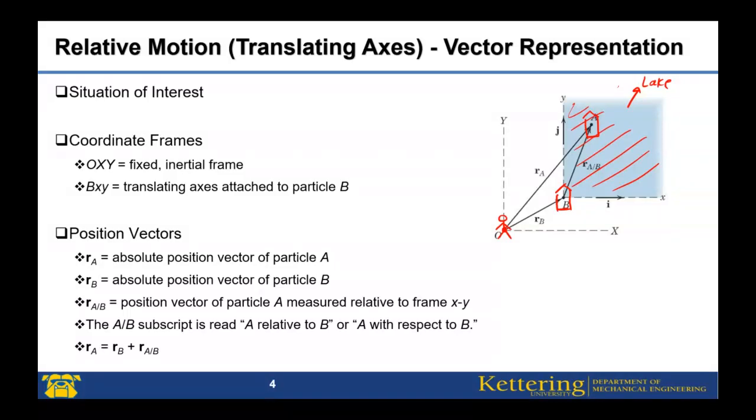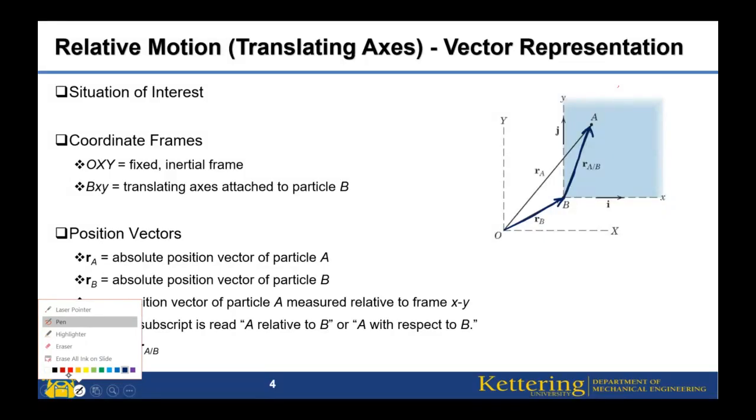Now, how can we relate rA and rB with rA with respect to B? Using the summation of vectors, if I add rB plus rA with respect to B, rA is the resultant.